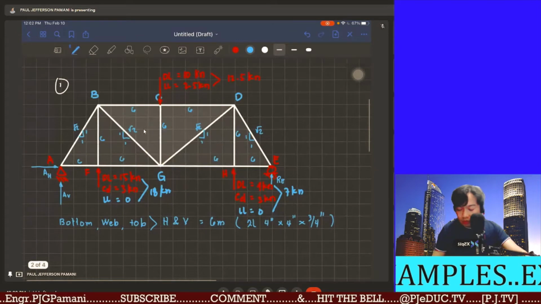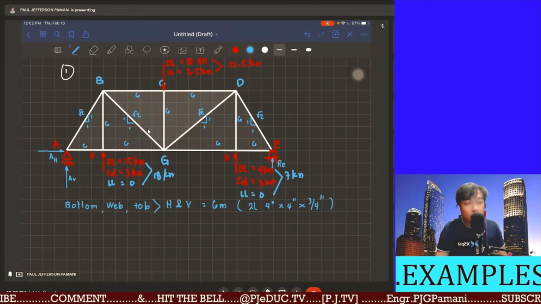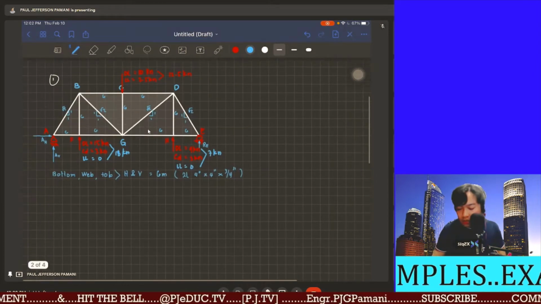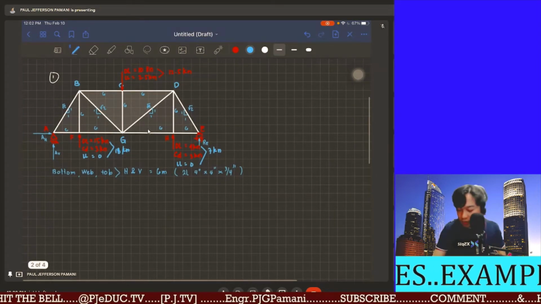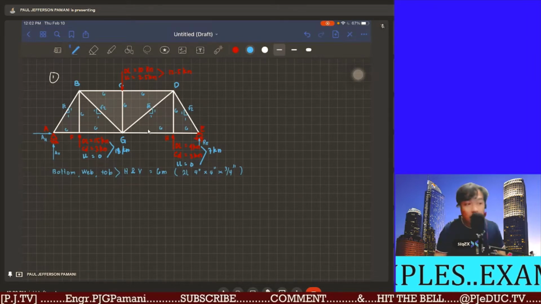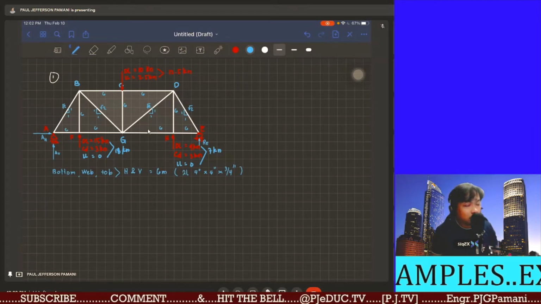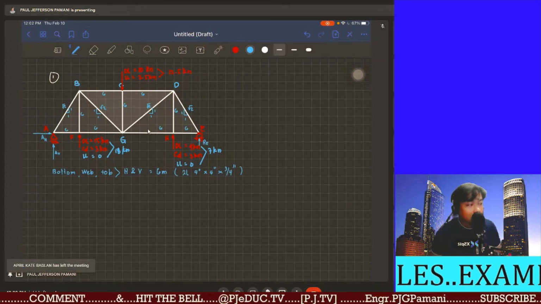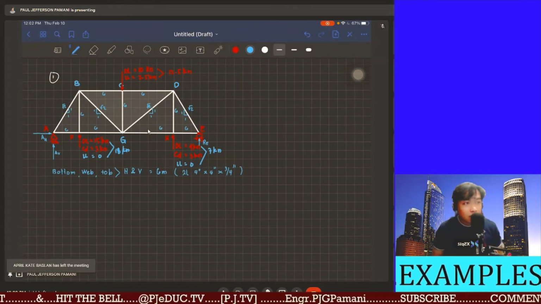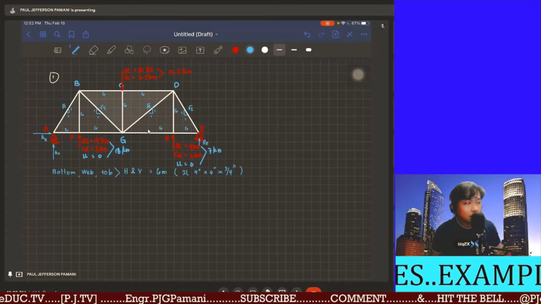Okay? So, first things first is for us to solve, of course, the reactions at the support. Okay? The reactions at the support. So, anong gusto nyo? Joint A, joint E. Saan tayo magsa-summation moment? Sige, go, interact para madali nyong maintindihan.